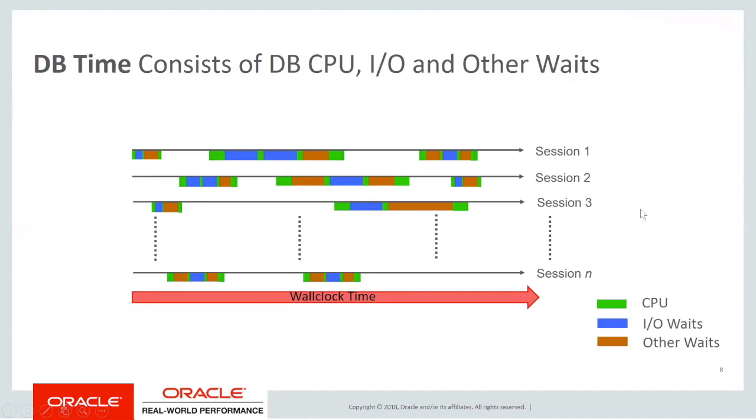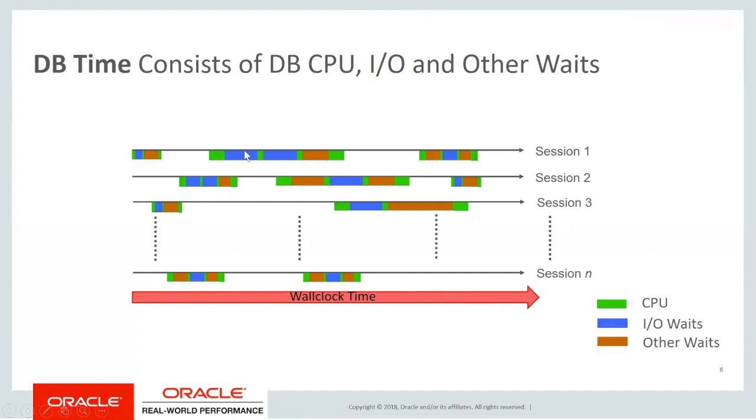The last thing that I would like to mention is that database time roughly consists of 3 classes of time. The first one is CPU time. Whenever your foreground session is executing instruction code of the Oracle kernel, I'm depicting that with green here. The second time when we can accumulate furthermore on the DB time is when the Oracle kernel issues an IO request, and we're waiting for IO.